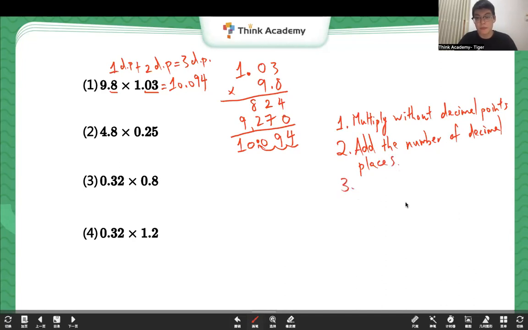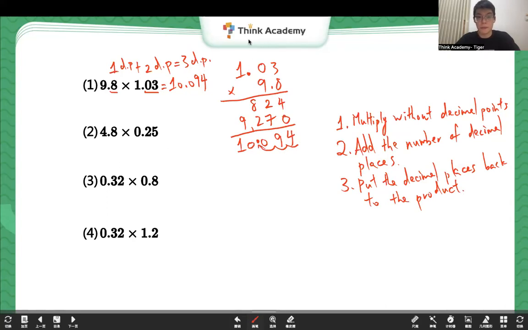And the third step is to put the decimal places back to the product. Okay, so multiply without decimal points first, and then add the number of decimal places in the two multipliers. Finally, with the sum you get in the second step, put the decimal places back into the product.